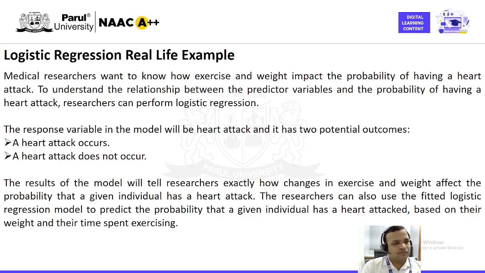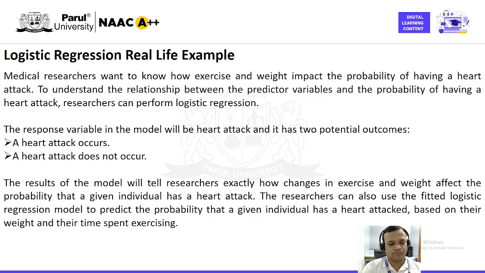Real life examples of logistic regression: one of the best examples is email spam classification. Another example is a medical researcher who wants to know how exercise and weight impact the probability of having a heart attack.